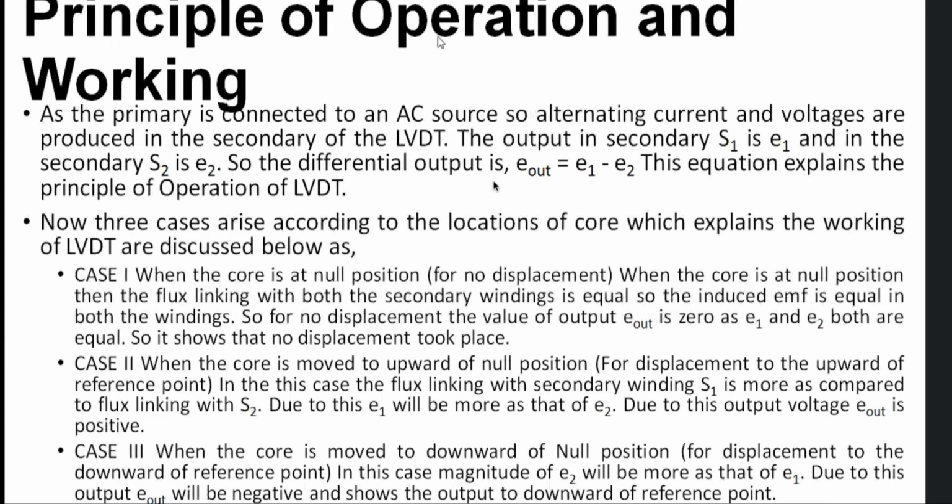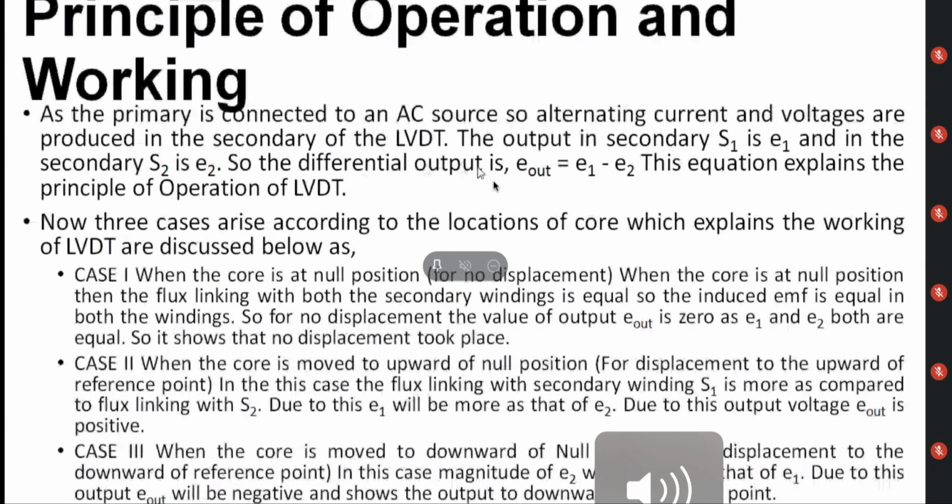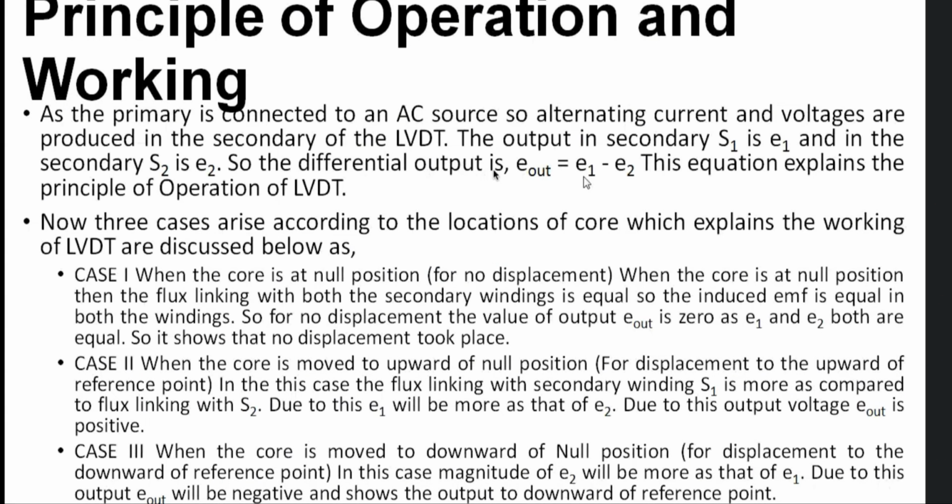The output in secondary S1 is E1 and in secondary S2 is E2. So the differential output is E out equal to E1 minus E2. This equation explains the principle of operation of LVDT.